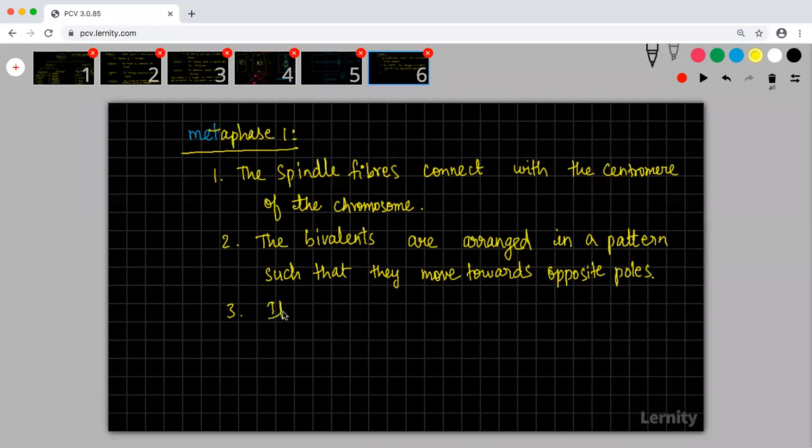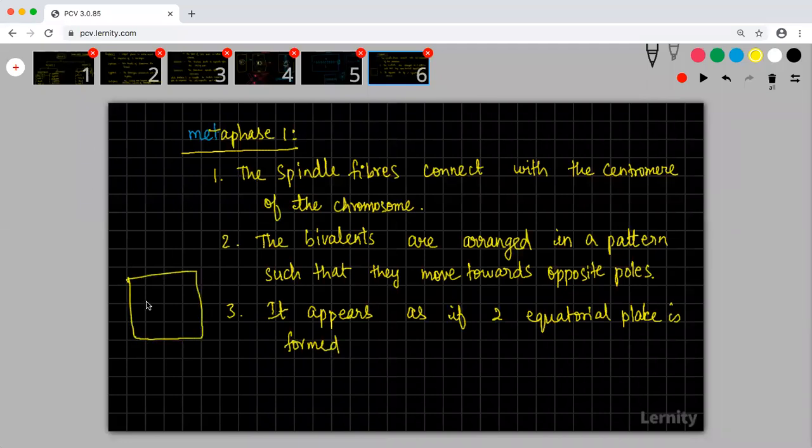It appears as if two equatorial planes are formed. Basically, it is arranged this way.